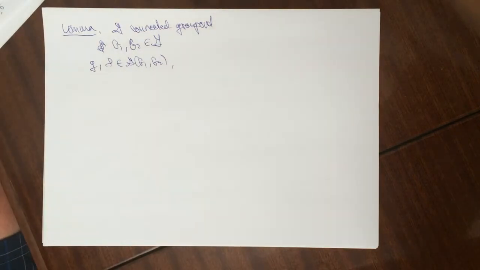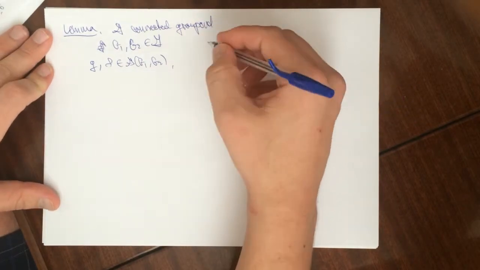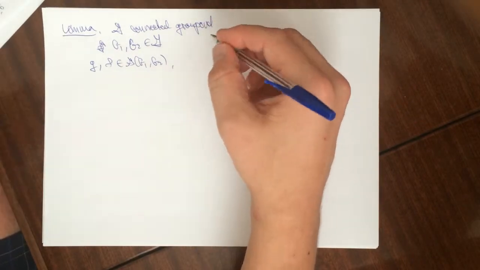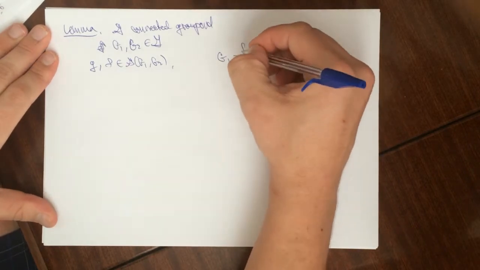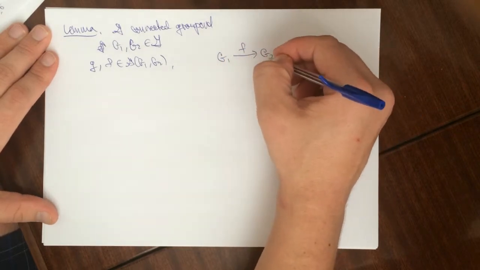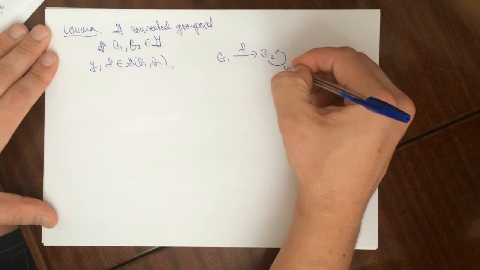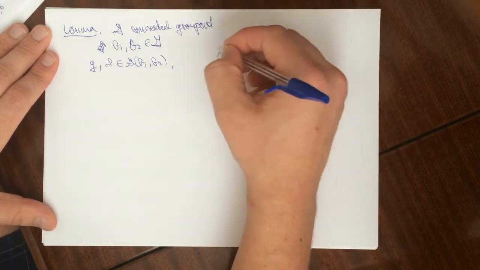What we're going to do is, we had this isomorphism of groups from gamma 1 to gamma 2. So let's look at this map again. G1, G2, I always forget how to, this is F. And suppose we have sigma here. What we could do is we go to F, we go to sigma, then we go back with F inverse.